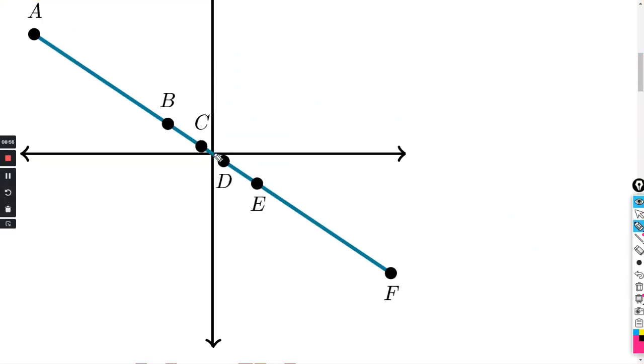So negative 5 times vector v. This is vector v right here. Negative 5 vector v. The negative means that it's going in the opposite direction.